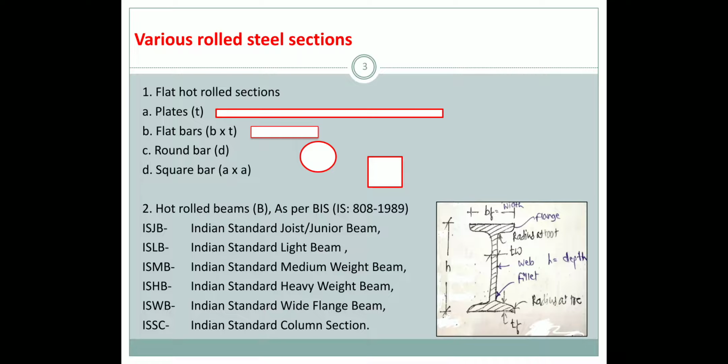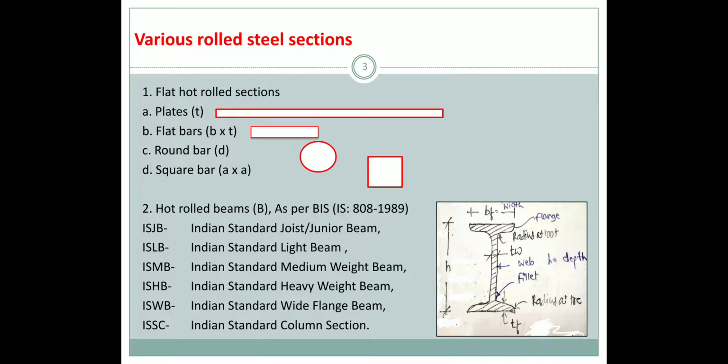If you go through the given figure, there are two flanges, top flange and bottom flange, which are joined by the web, with thickness of web denoted by TW. The curved portion between the top flange and the web is known as radius at root.